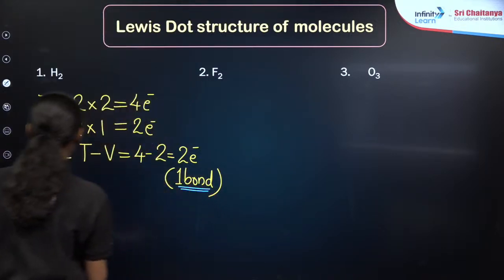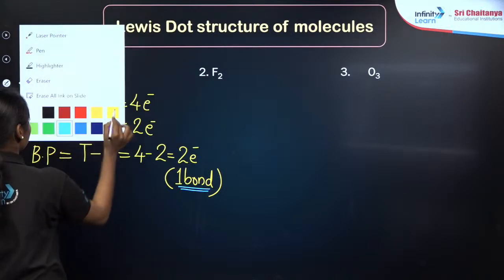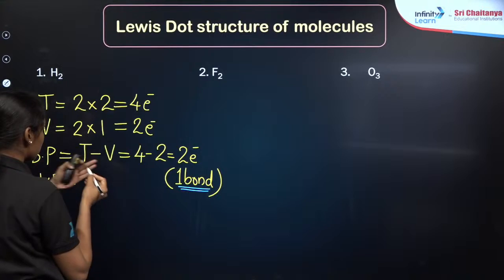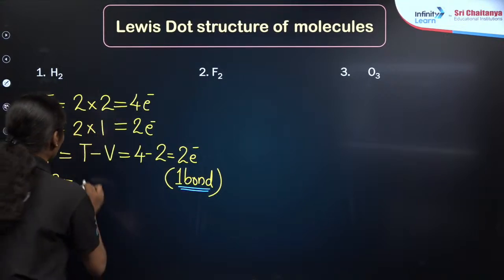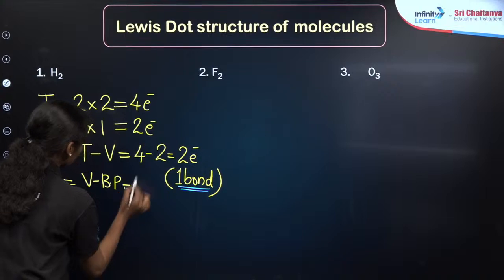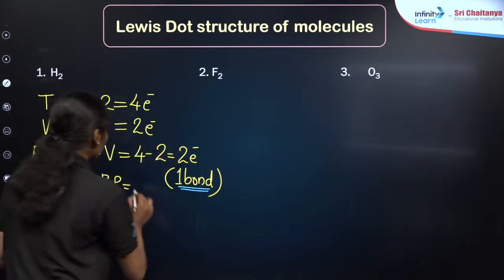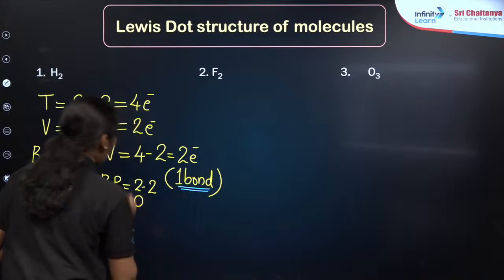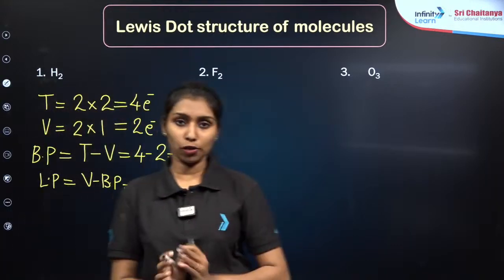Then what about the lone pairs? You can find the lone pair electrons by taking the difference V minus BP. Here V is 2 and BP is again 2. 2 minus 2 is equal to 0, which means in the case of the H2 molecule, there is no lone pair of electrons.